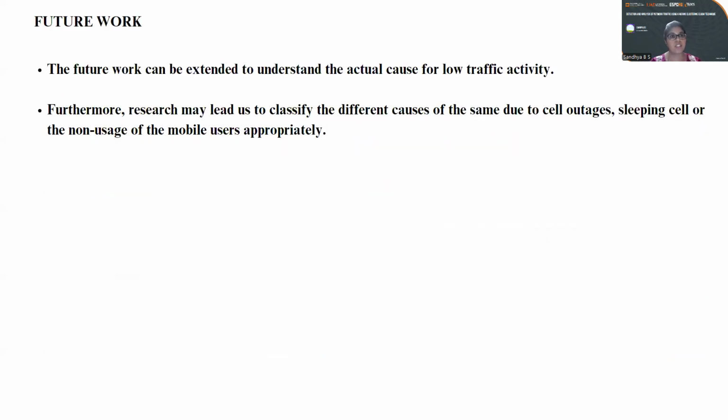The future work is it can be extended to understand the actual cost for low traffic. Further research will help us classify the different causes of the low traffic activity. It could be due to cell outages, sleeping cell, or the non-usage of mobile users appropriately.